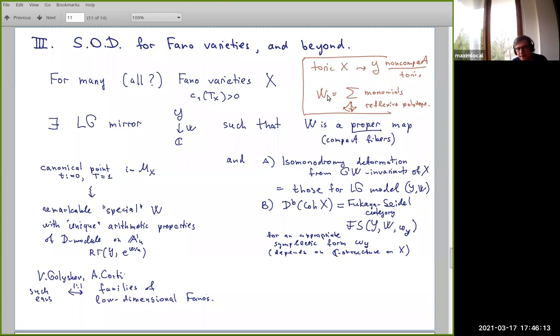So now I go to this third topic, which is semi-orthogonal decomposition for Fano varieties and beyond. By the way, I want to say that in all known examples, what's called the maximal isomonormal deformation coming from Gromov-Witten invariants also comes from some Landau-Ginzburg model.